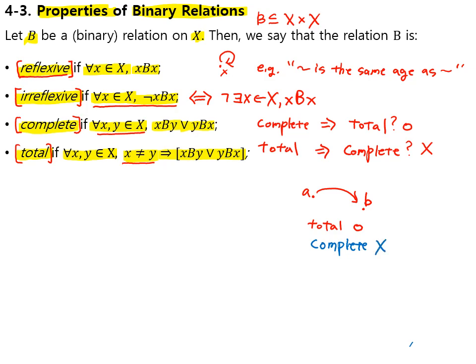And why is it not complete? The main reason is, although there is a relation between A and B, there is no relation from A to itself and from B to itself. So if we add these arrows, then the relation is going to be complete, but without these arrows, it is not complete.